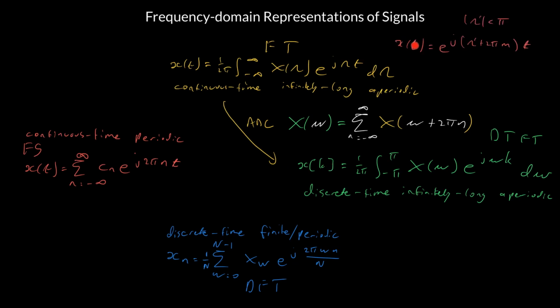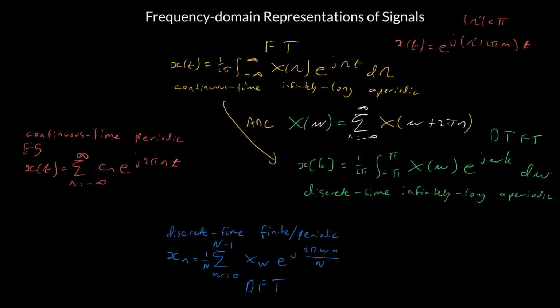Let's assume my original signal x of t is a single sinusoid at frequency omega, which is limited to being between minus pi to pi, plus 2 pi m, where m is some integer, maybe m equals 10, it doesn't matter, times t. If we were to sample this signal x of t, we are going to get a signal x of k.